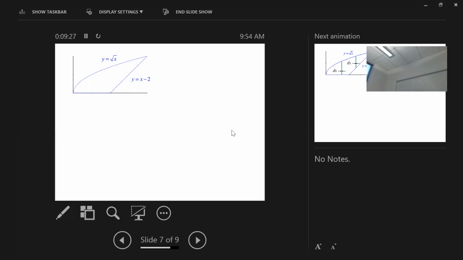I would have this. Because they only meet once. They meet at the right. So root x equals x plus a negative 2. You want to find out when they're the same. So suppose we square both sides. We would get x equals x squared plus a negative 4x plus 4.